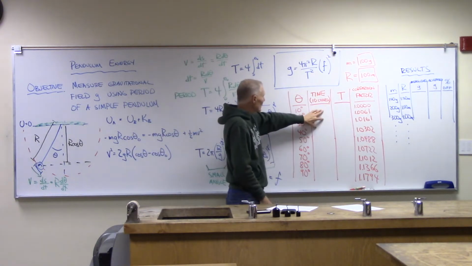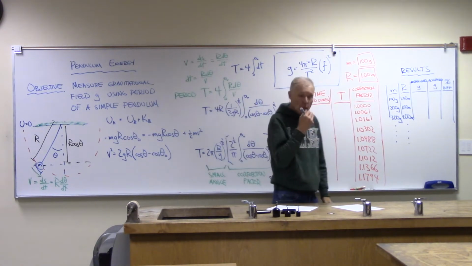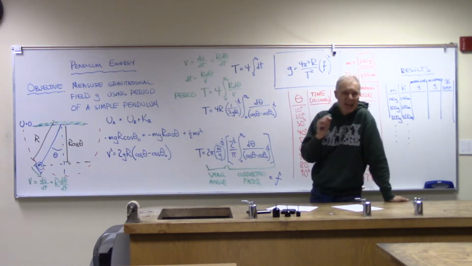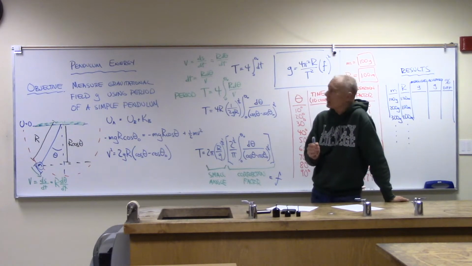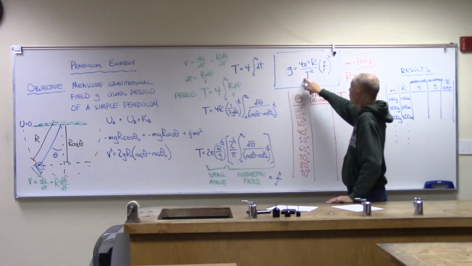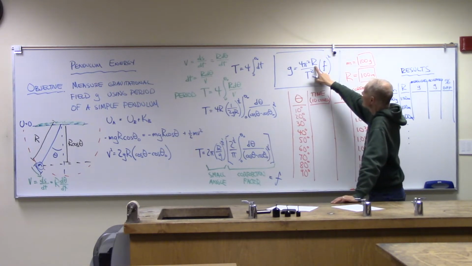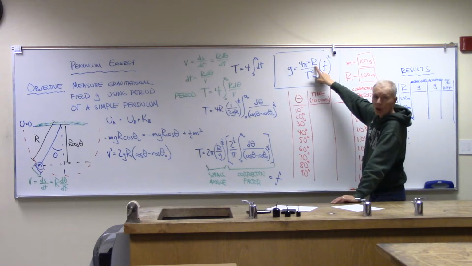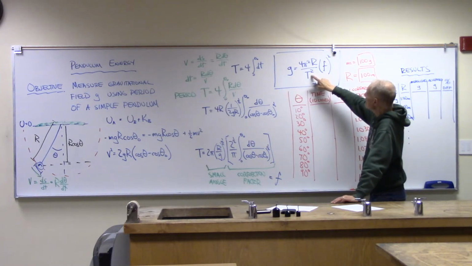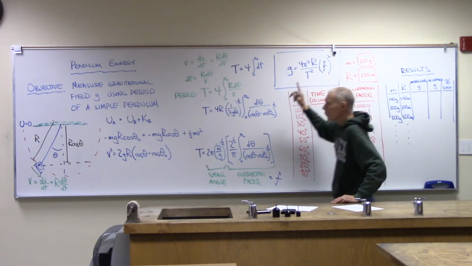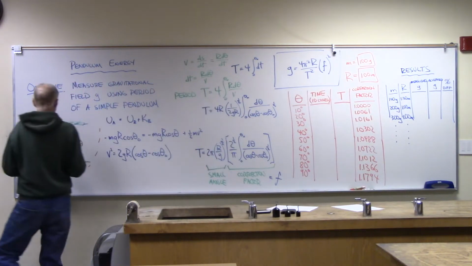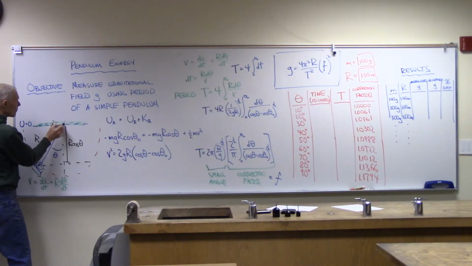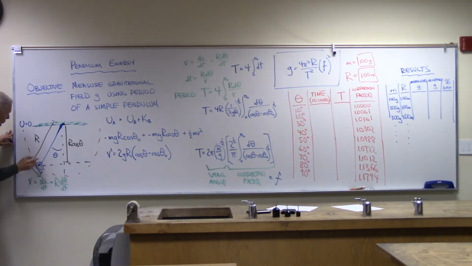Now, since we're going to have to use a timer to find out how long these periods are, because that's what our formula says. It says that I need to measure the length of the string on the pendulum. I need to measure the period. As far as the length, it needs to get measured from the pivot location down to the center of the mass.